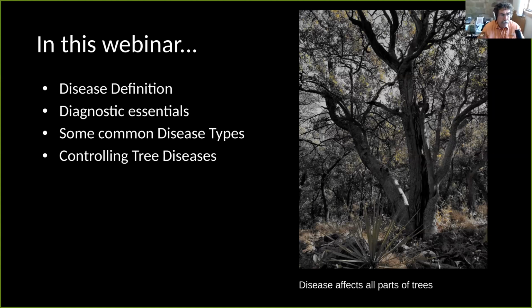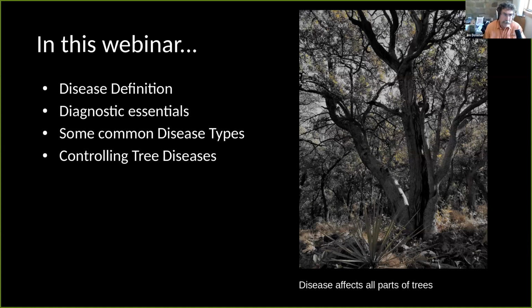Every single part of the organism can get some kind of a disease. And very often they're specific to certain parts of the tree. And so pathogens of trees are common. They're part of the ecosystem, and sometimes they're not. Sometimes they're exotic, which can have really dire consequences for native populations of trees.